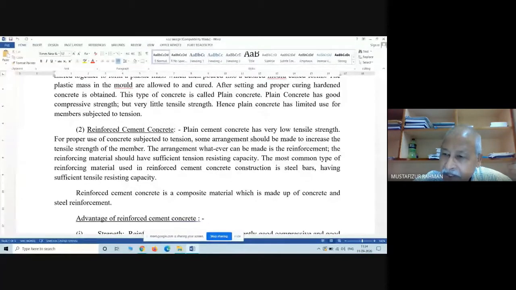f is bending stress. Now, where does this bending stress come from? It will come normally in the case of a beam supported at the two ends by some type of supporting element.